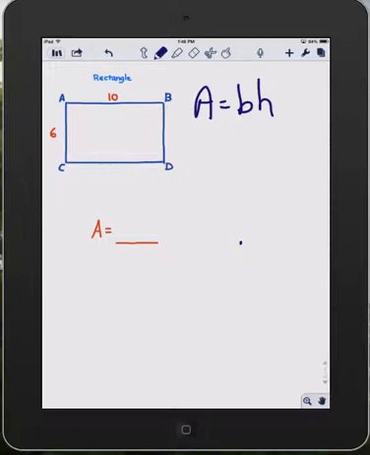So my suggestion is you always write down the formula to start the problem. Then you fill in the values, and you have the length of the base, which is 10, times the height, which is 6. 10 times 6 gives you an area of 60.